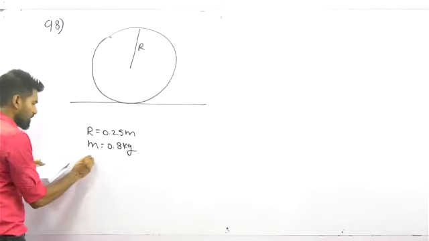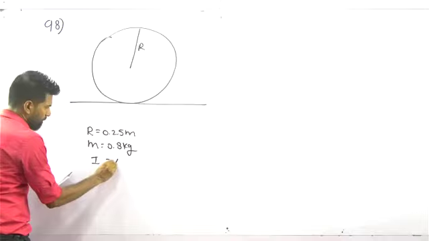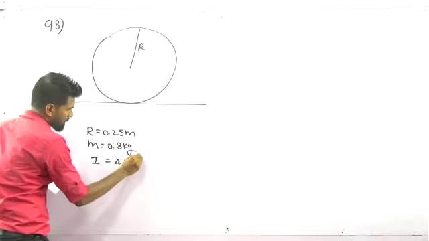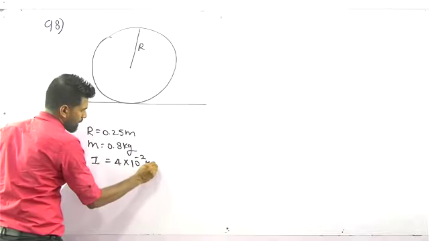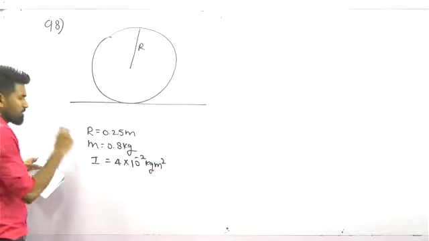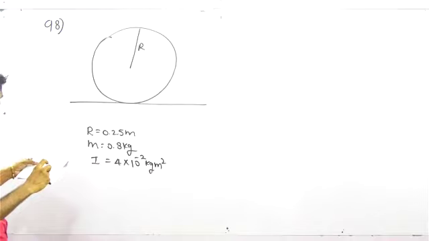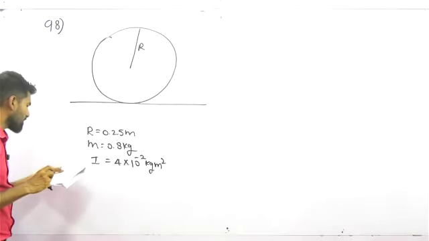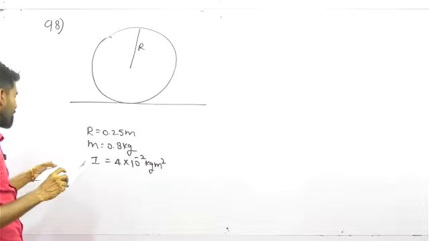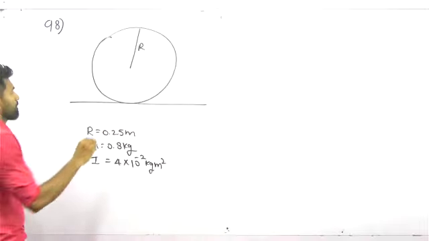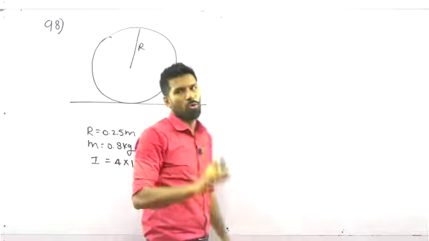The moment of inertia is 4 into 10 to the power minus 2 kg m squared. Instead of mass in a rotation, you have to use moment of inertia. The wheel rolls without slipping on a horizontal surface, making 7 revolutions per second. It's in a rolling motion.